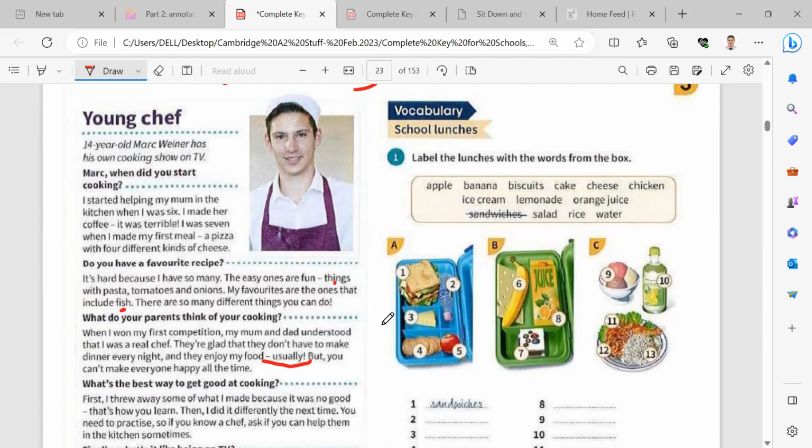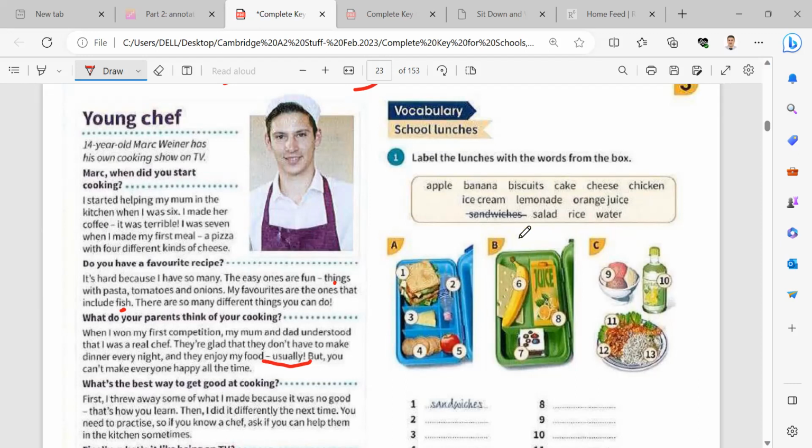Read the first sentence and the answer, because you found the answer in the paragraph. Exactly. So this is until you find the answer. This is called scanning. So read question number 1, then start scanning, looking for the answers, looking for details.